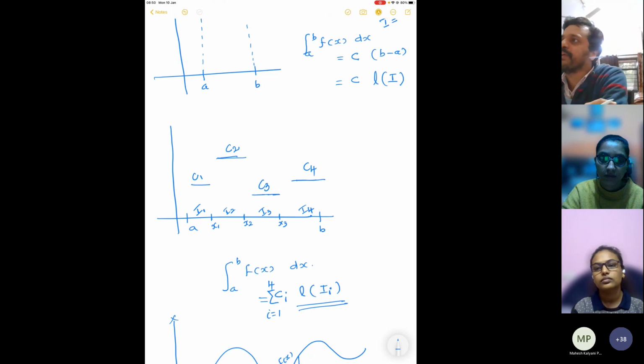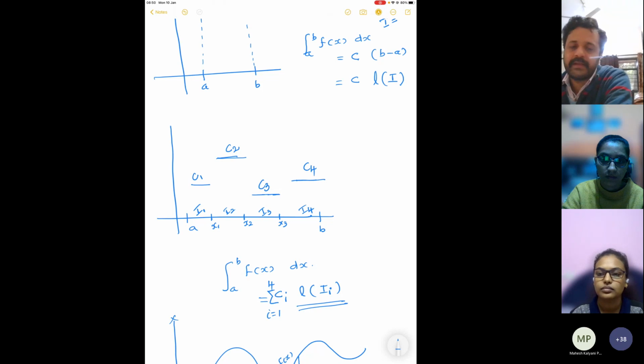For the time being, you accept that there are some deficiencies, even though Riemann gives a formal definition. And those deficiencies motivated Lebesgue to look into integration theory more rigorously.